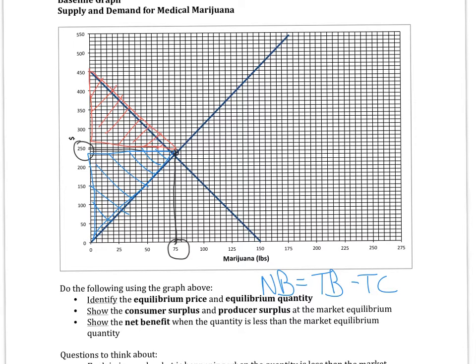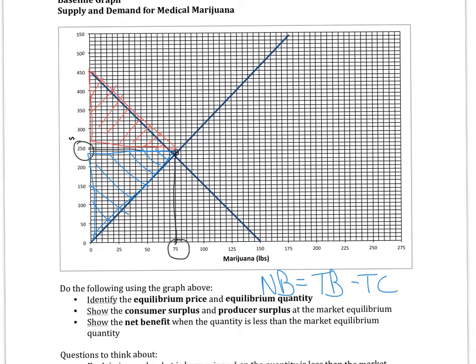Total benefit is simply the area under the demand curve. That's all the benefits received. We're not taking into account any prices here, what has to be paid. We're just saying when these consumers consume the good, what is the total amount of benefit received.